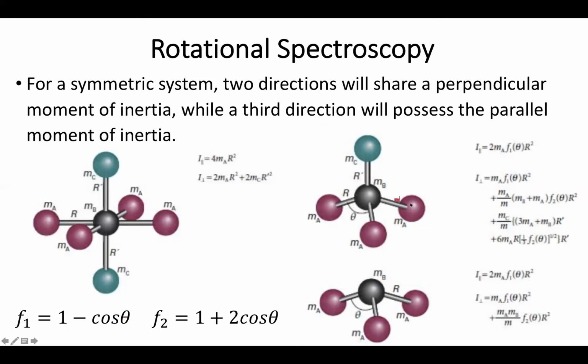We have two different angular terms, one reflecting one set of angles from the main axis, but we also have an f2 term that also shows up. So again, one of the things to note is that as soon as we end up adding more differences in our molecule, our moments of inertia become not quite so simple as they used to be.